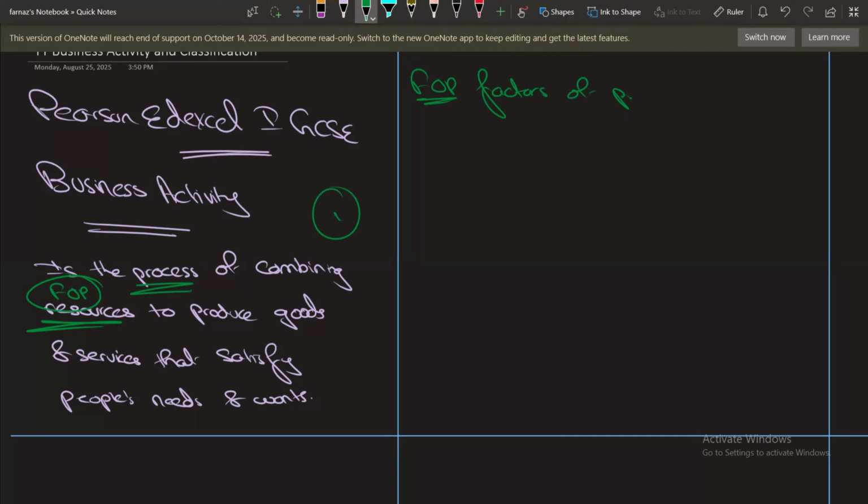Factors of production are resources required to carry out business activities. That means resources are land, labor, capital, enterprise.